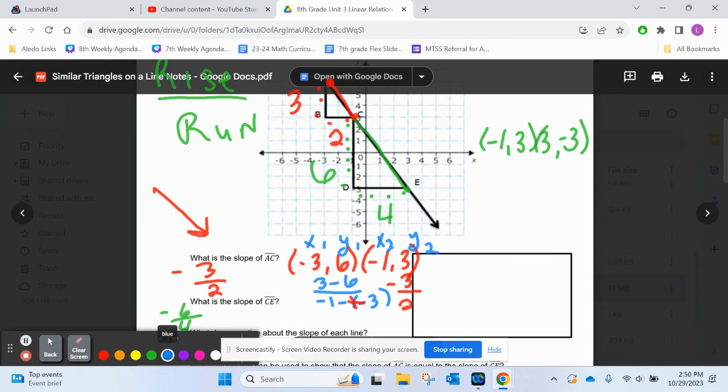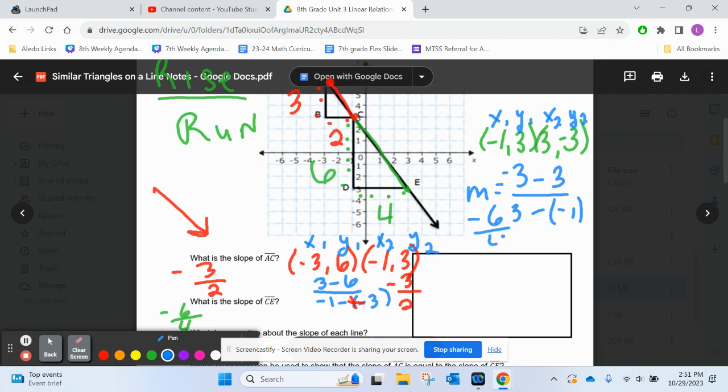Again, I'm going to treat the first ordered pair as x1, y1, and the second one as x2, y2. If I use my slope formula, I would say -3 minus 3 over 3 minus -1. That still gives me -6 over 4, which is what we got when we did our rise and our run.